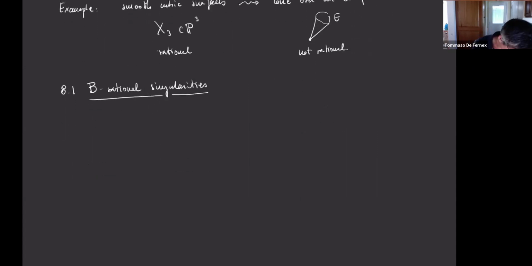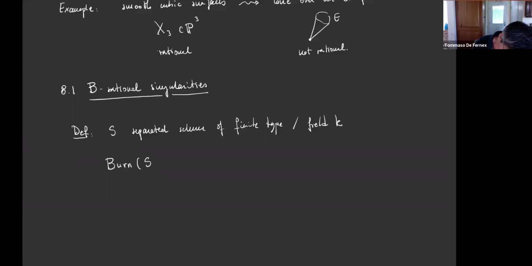So let me start with the definition. The first thing I want to do here is to extend the definition of the Burnside group a little bit. So suppose that S is a separated scheme of finite type over a field K. And then you define the following version of the Burnside group, and it depends on S over K. So what is this?